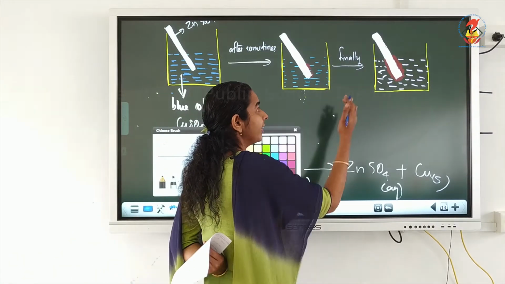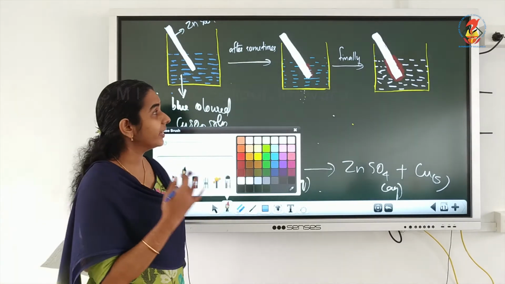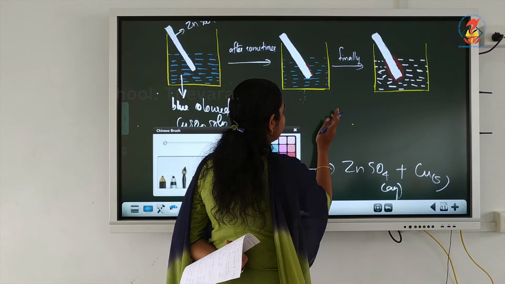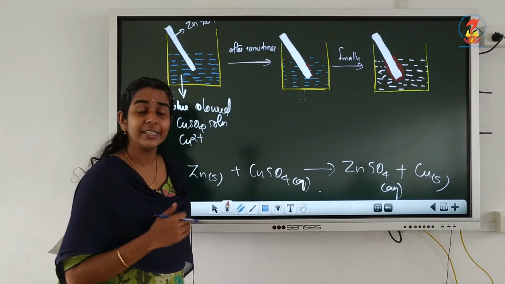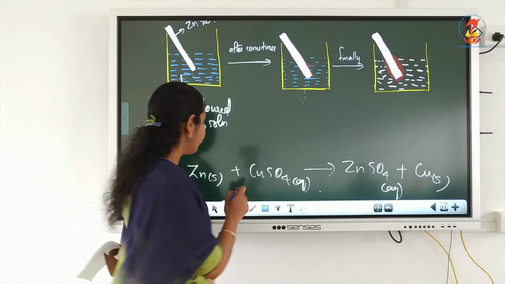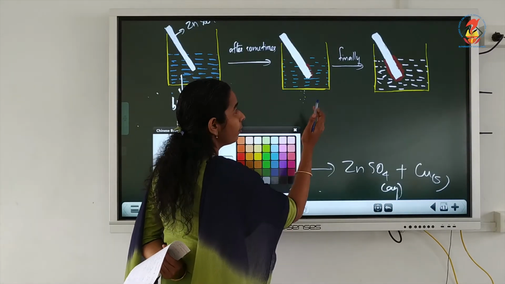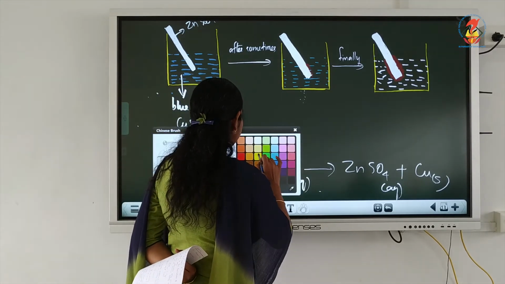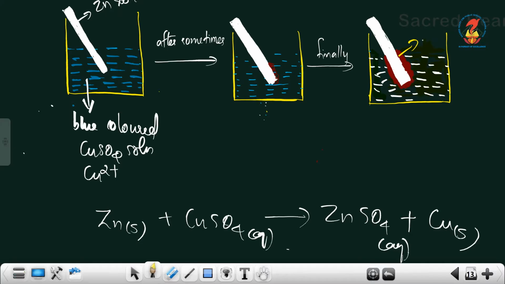Finally, when the reaction completes, the blue colored copper sulphate solution will completely change to colorless, and we can see a reddish brown thick deposition of copper over the zinc rod.